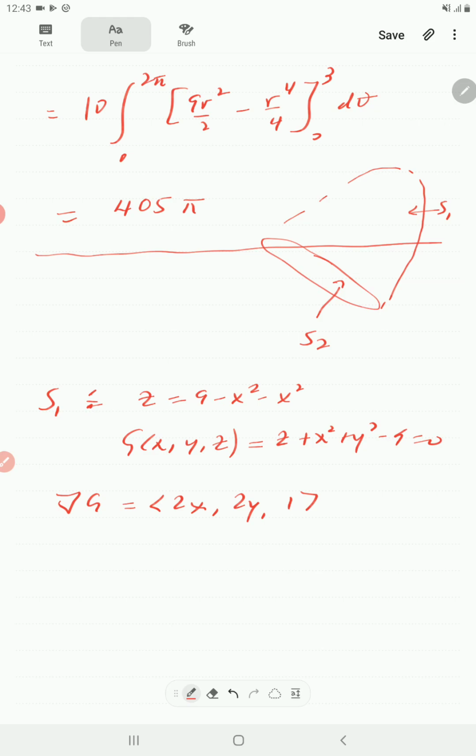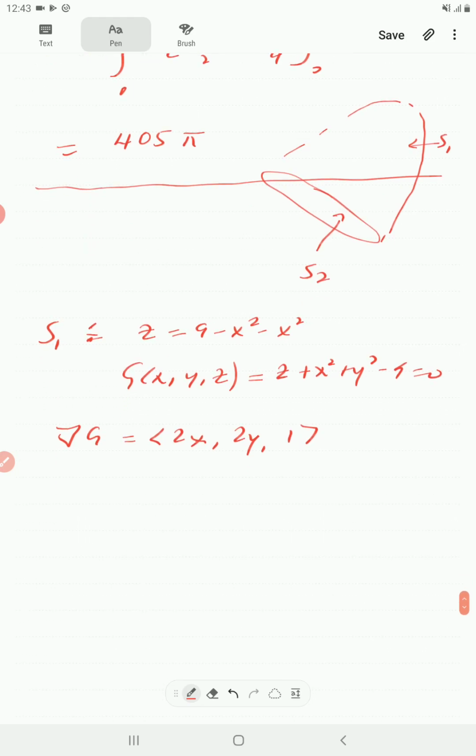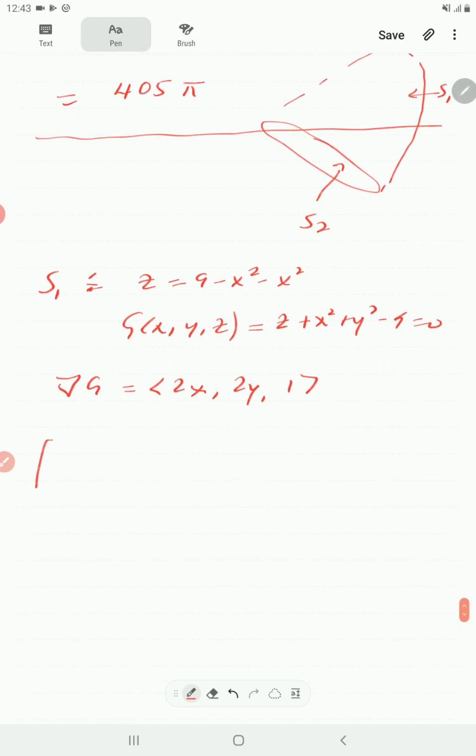So when it comes to the surface integral, that's our flux through S1. This is going to be f dot grad g dS1. So if we plug in, f is 2x, 2y, and 6z.